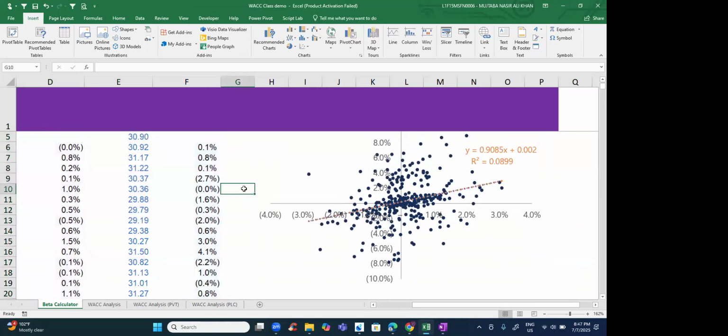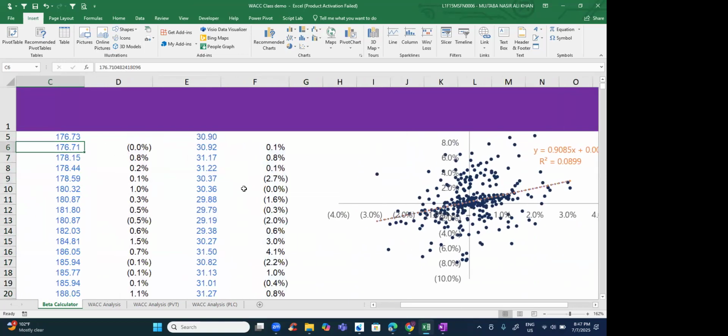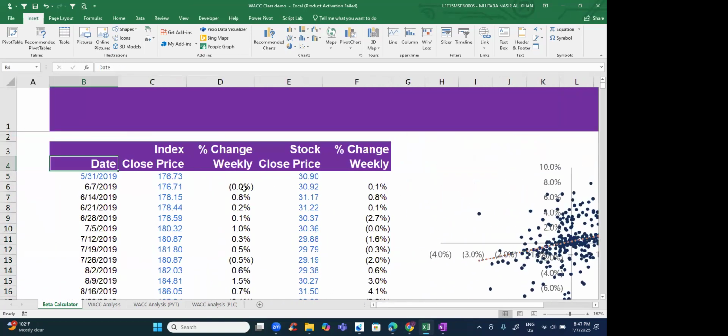One thing which is very important: index is the independent factor and stock is dependent. Stock price movement is dependent and index is independent.